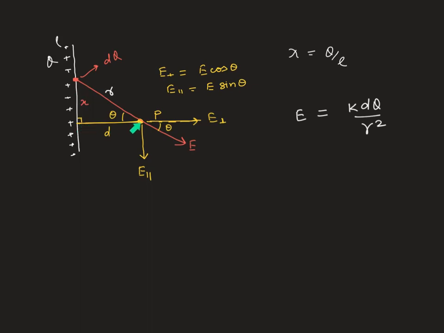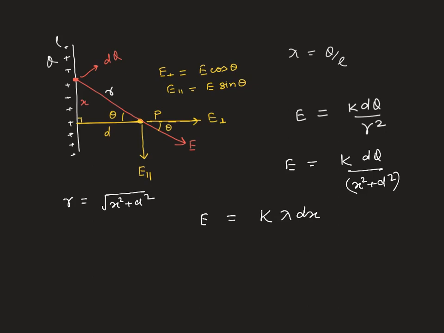If you focus on this right angle triangle, you will very easily notice that r is equal to root under x squared plus d squared. So the field will be k dq upon x squared plus d squared. Now, how do we replace dq? That will be k lambda dx upon x squared plus d squared.